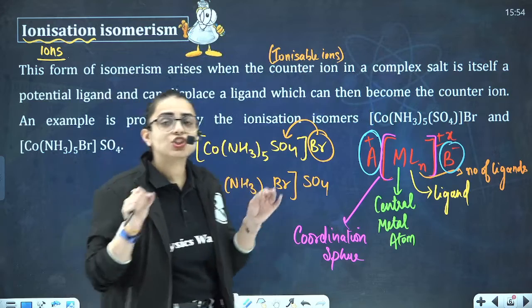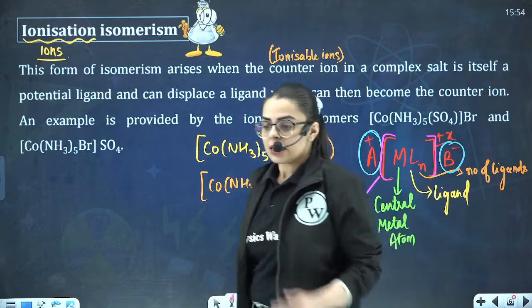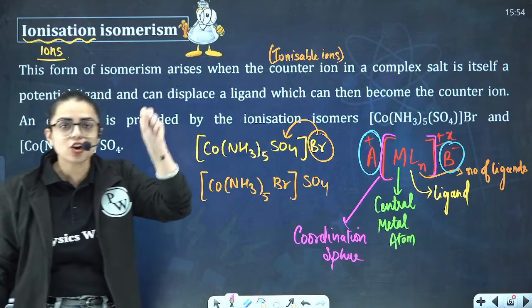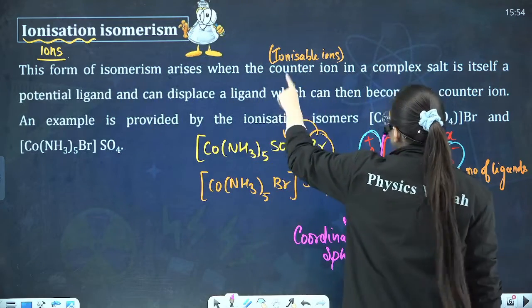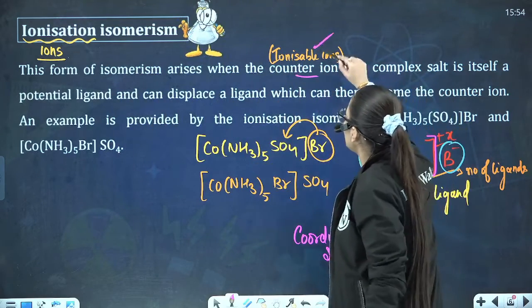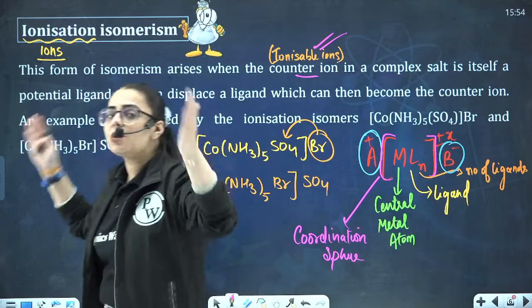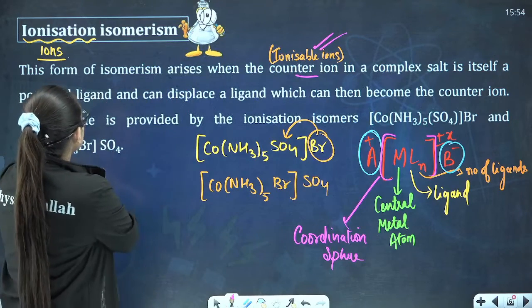So the ones which are present outside the coordination sphere are referred to as your ionizable ions. That means they will dissociate into their ions. But the ones present inside the coordination sphere are the non-ionizable ions. So here I am talking about the counter ions, or the ionizable ones, which are present outside the coordination sphere. So simple.